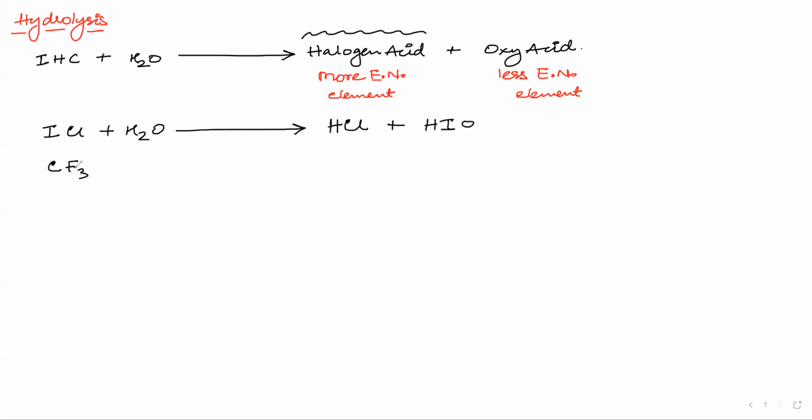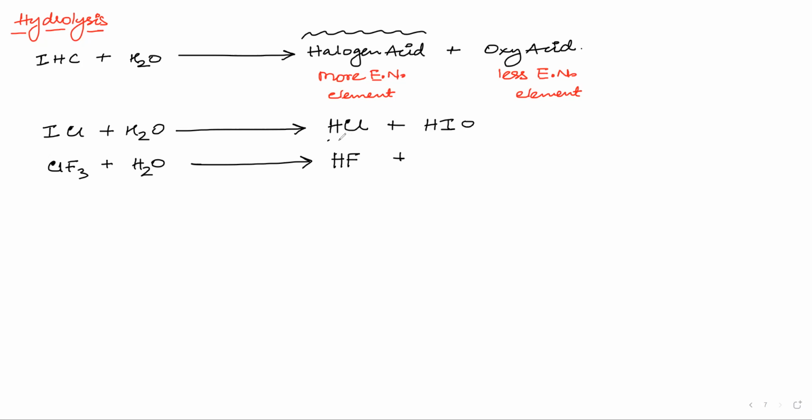Now, second one, please see these things. ClF3 plus H2O. Mariam, what will be the halogen acid here? Just tell me the formula. HF3.